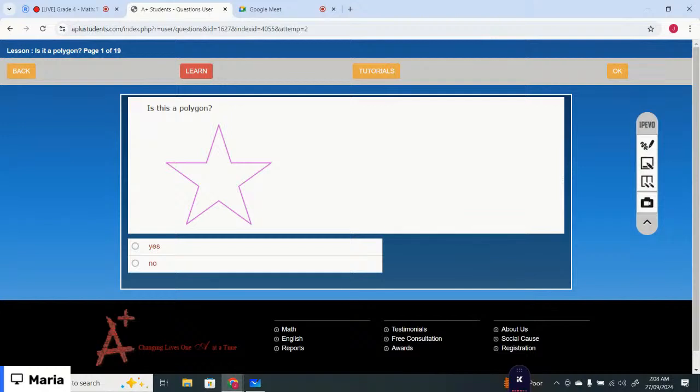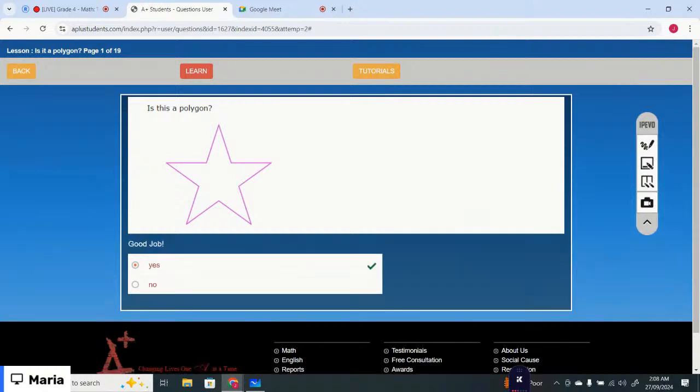Is this a polygon? The correct option is yes, it is a polygon, right? A closed shape and straight lines, so that is a polygon.